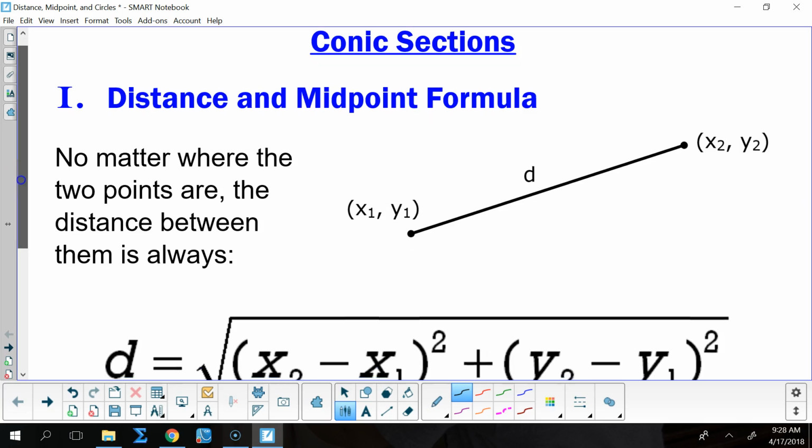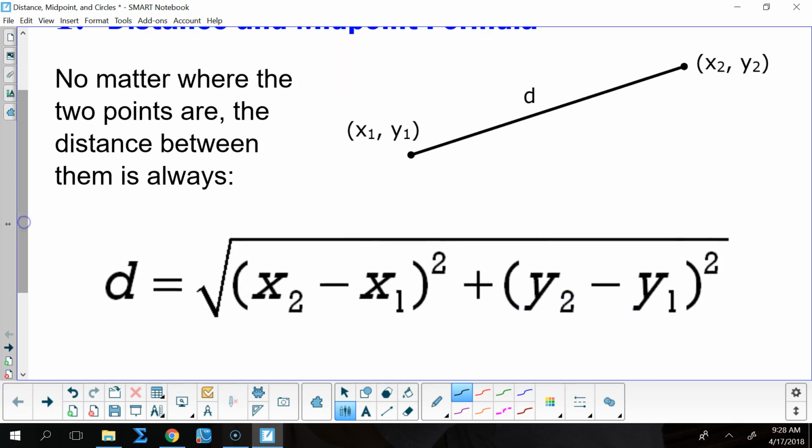No matter where 2 points are in space, the distance between them is always the square root of the difference of the x's squared plus the difference of the y's squared. And that comes from the most famous theorem of them all, the Pythagorean theorem.